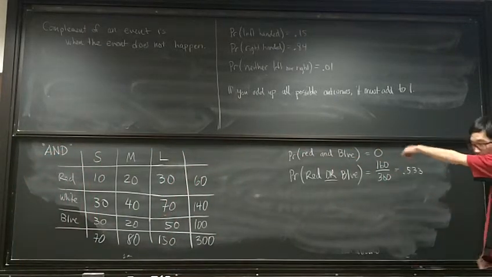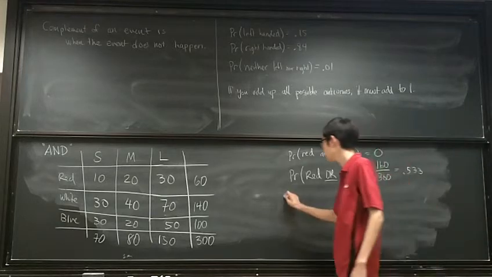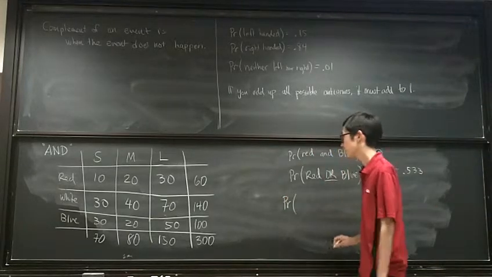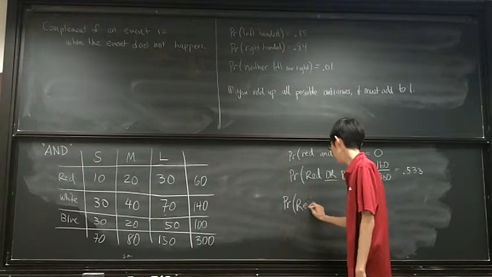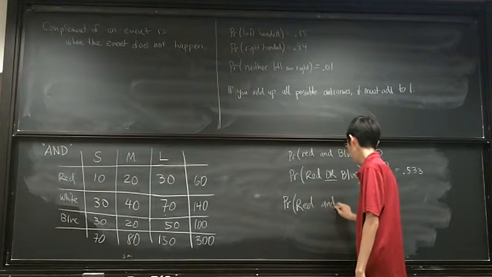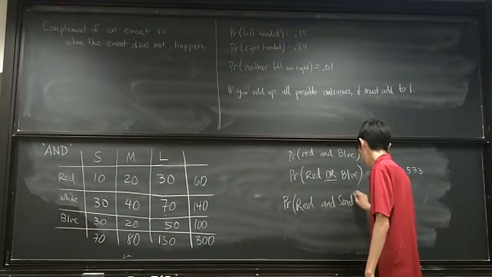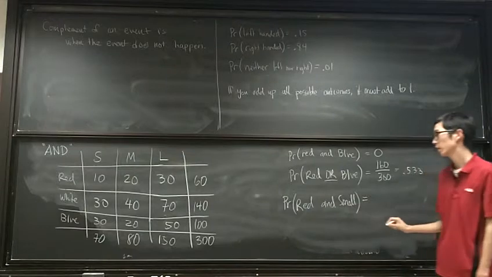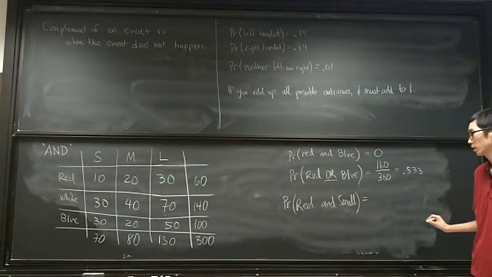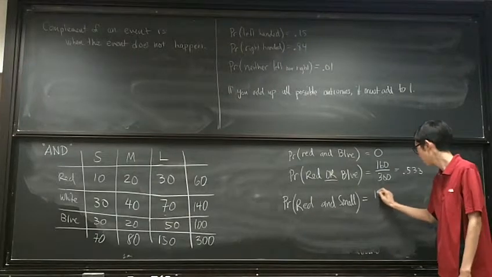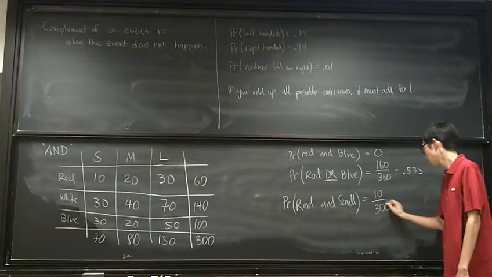Okay. What if I said, what's the probability that a shirt is red and small? 10 out of 300. Why?